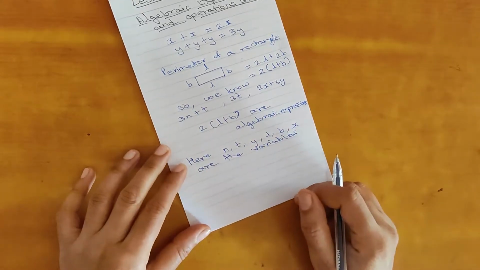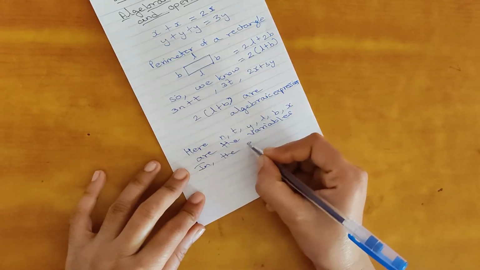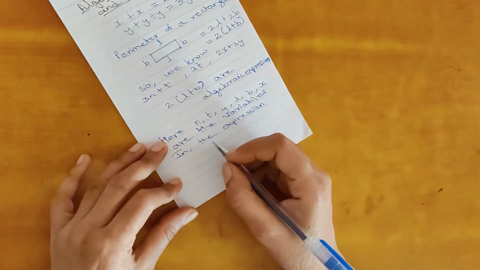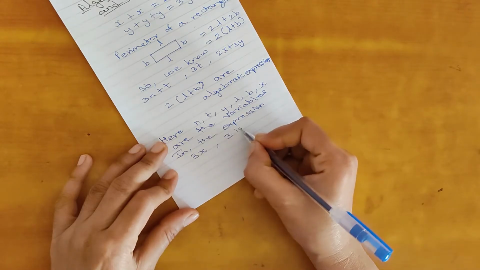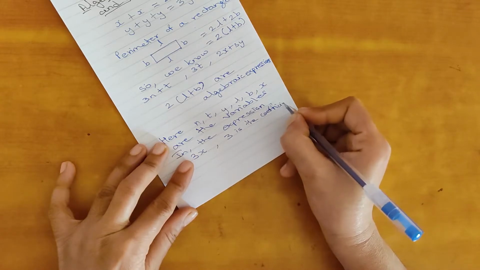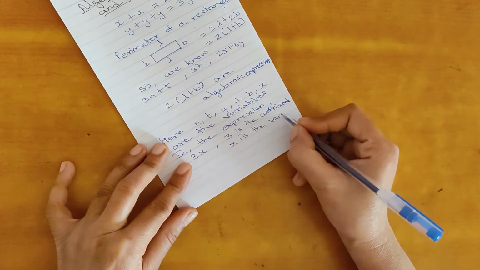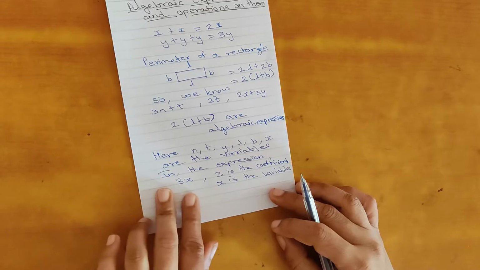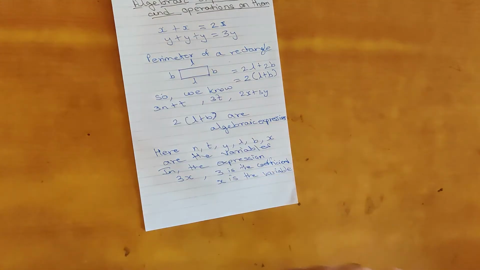If we see in the expression 3x, here 3 is the coefficient and x is the variable. So here if the expression is 3x, 3 is the coefficient and x is known as the variable.